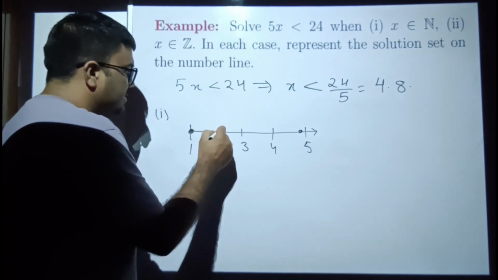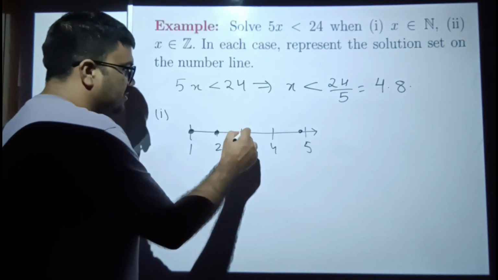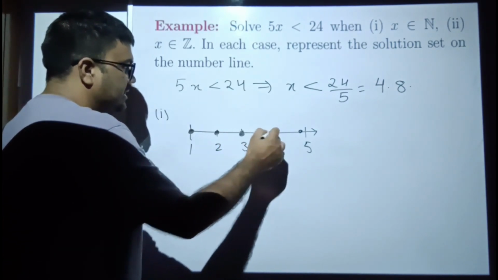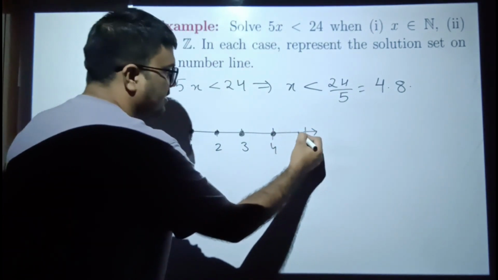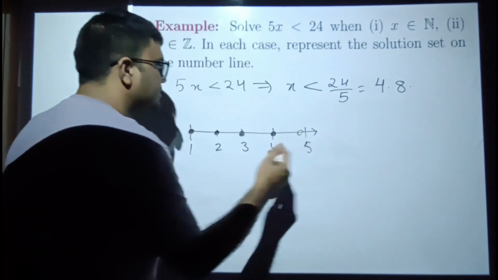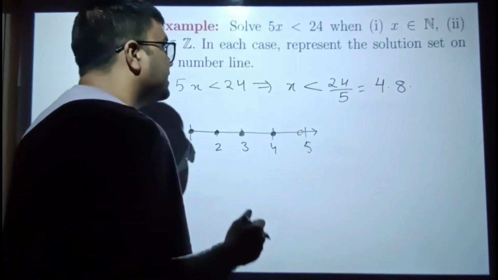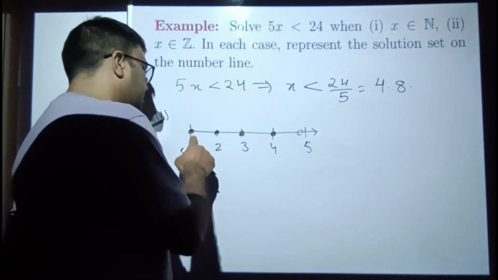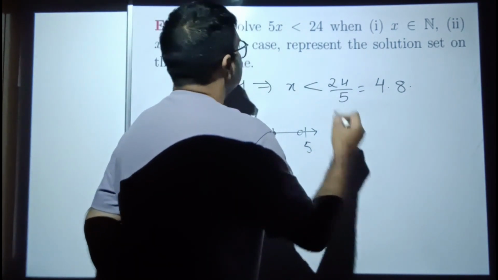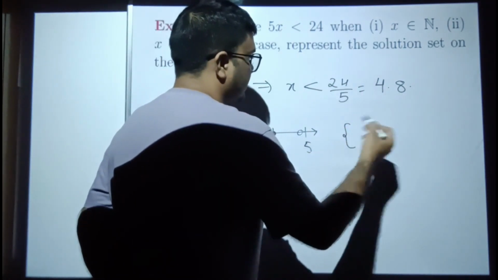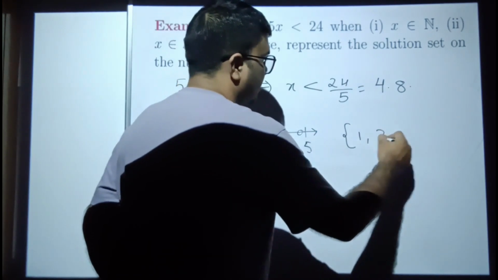These dark dots are representing the solution set. 4.8 is somewhere over here, it is not included. So the answer that we have is the points 1, 2, 3 and 4. In the first case the set we obtained has elements 1, 2, 3 and 4.